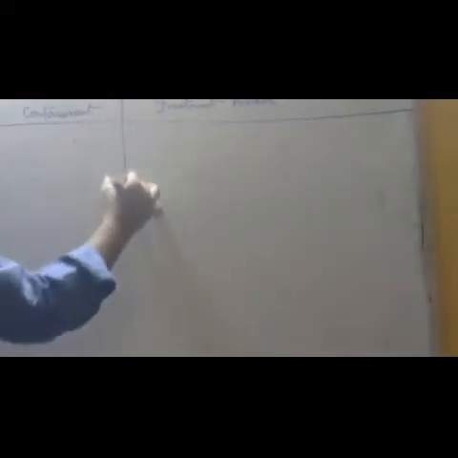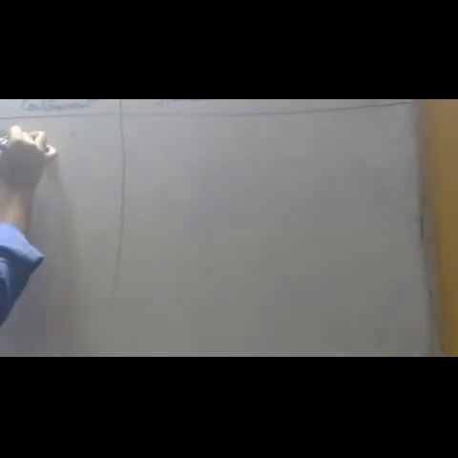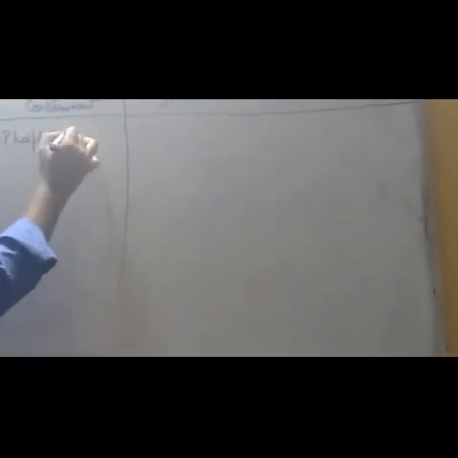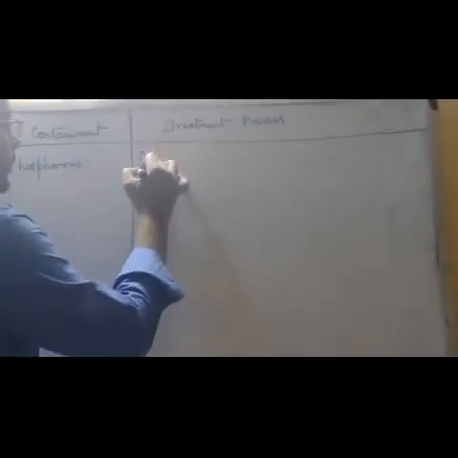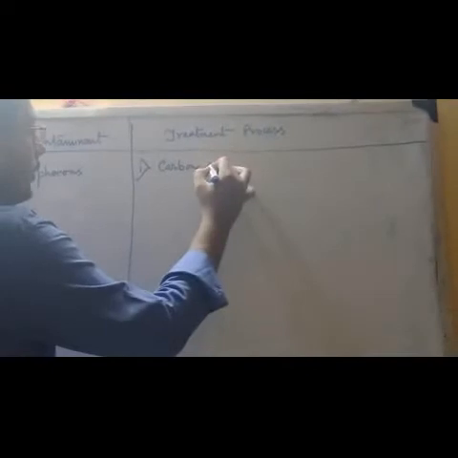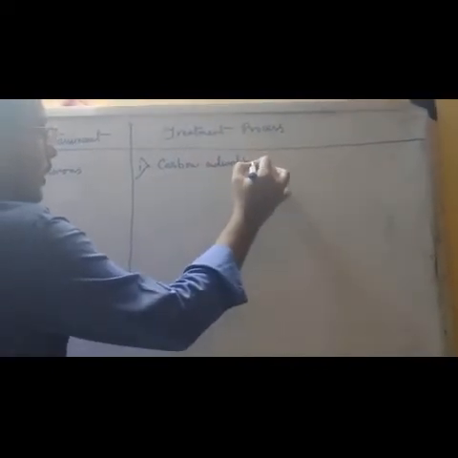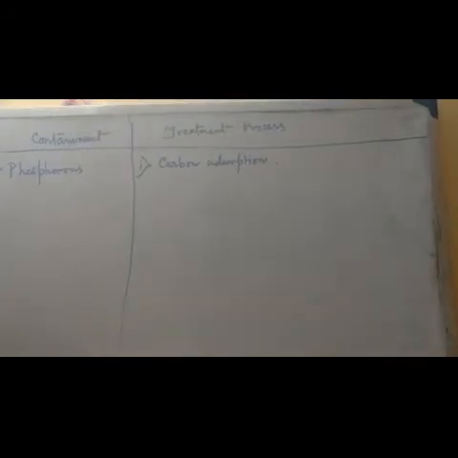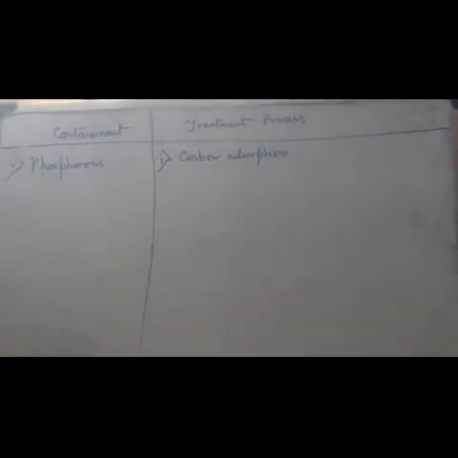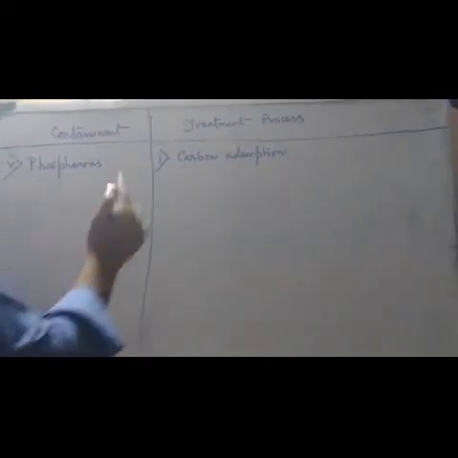First of all, the treatment we can use for phosphorus is carbon adsorption, and the second is lime coagulation or sedimentation.